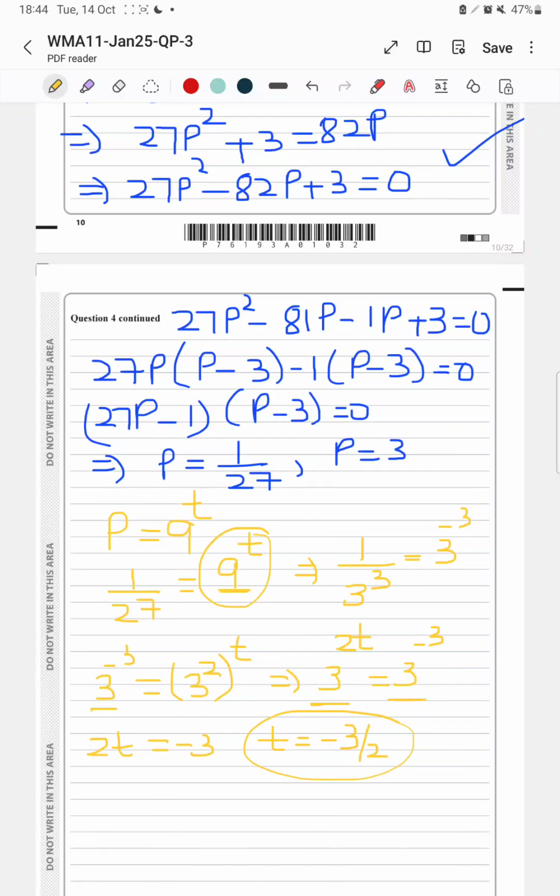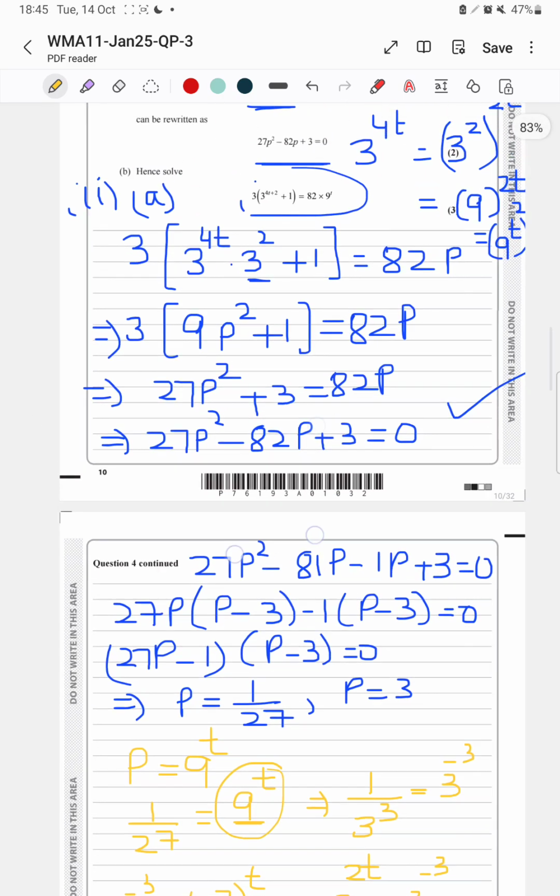Then the other answer: p is 3, and 3 is equal to 9 to the power of t. And 9 to the power of t can be written as 3 to the power of 2t, which is equal to 3 to the power of 1. So from here 2t is equal to 1, so t is equal to half. Once I get my values, I need to recheck if they have given a specific form, like the answer should be a fraction or decimal.